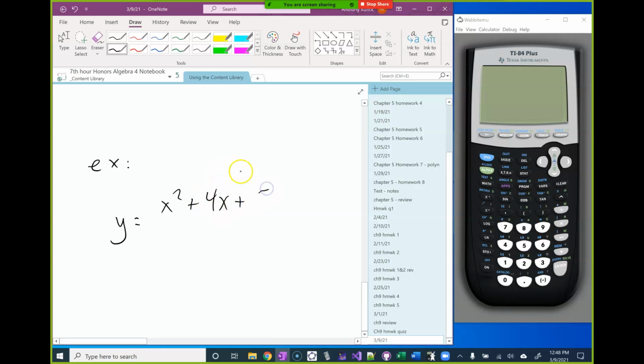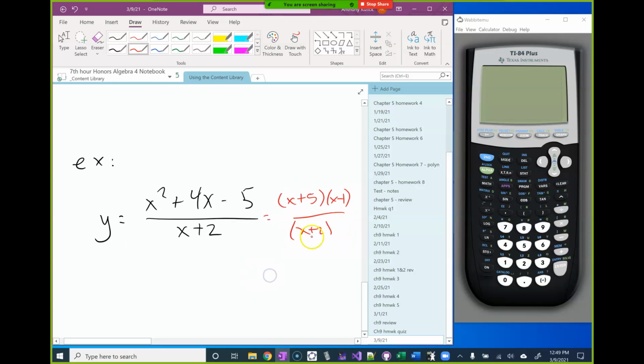Check to see if you can reduce. And we can't, right? So that's the first thing you should check. Since you can't, and this is monic, we can do our synthetic division.